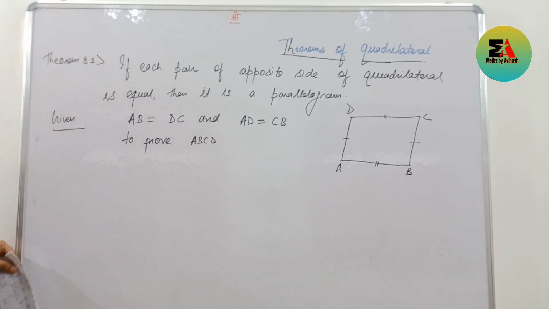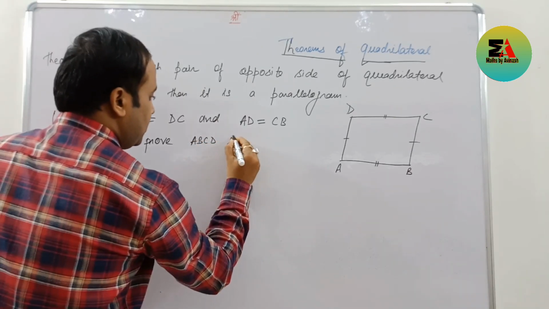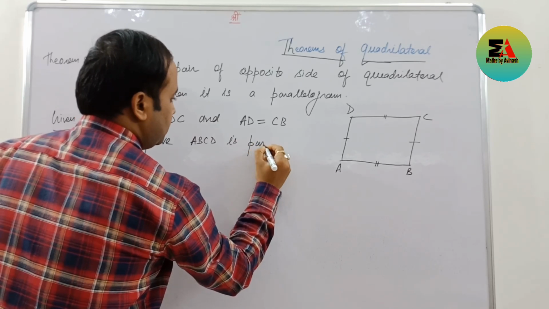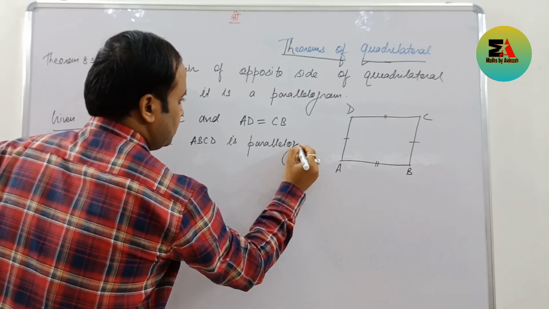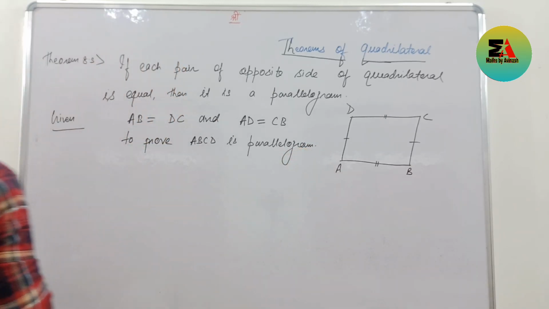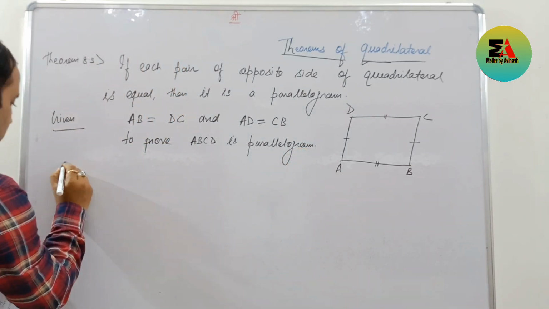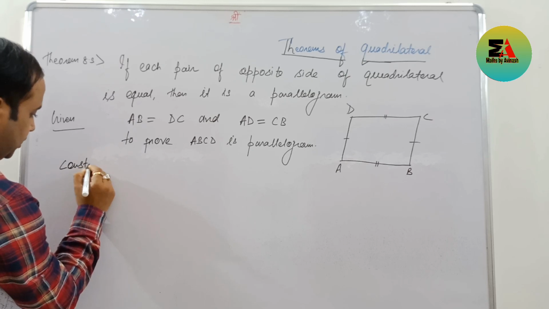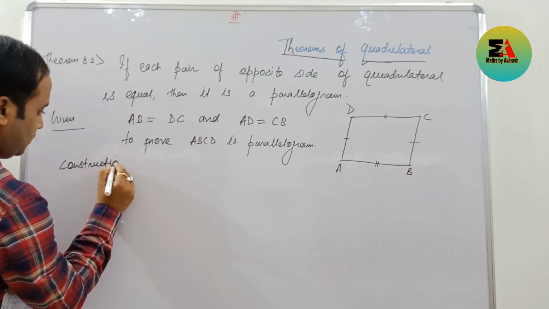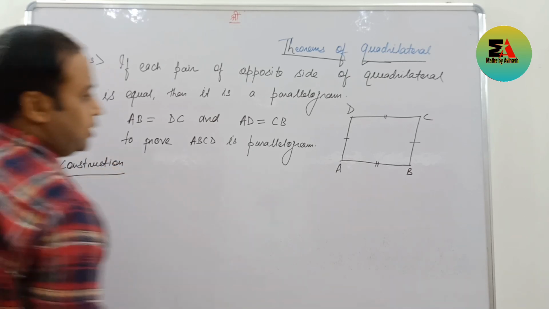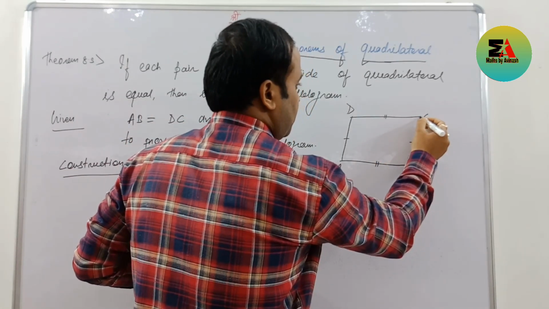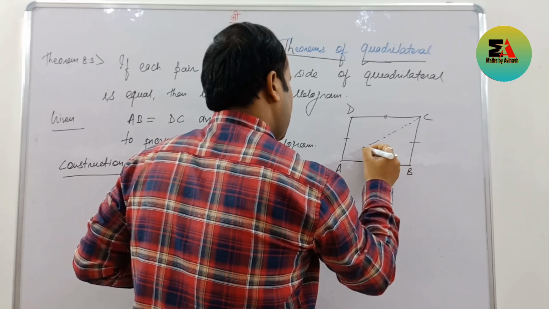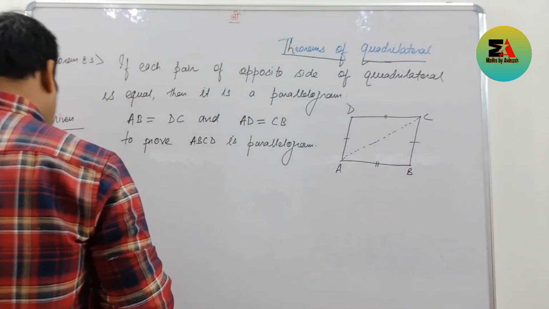Quadrilateral ABCD is a parallelogram. Clear? Now construction. What we have to construct? Join AC.